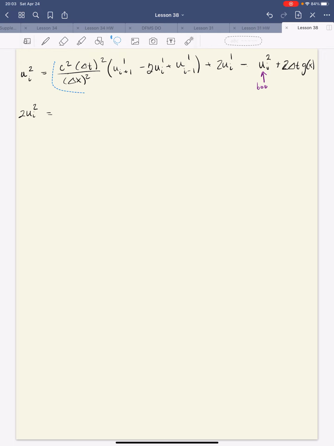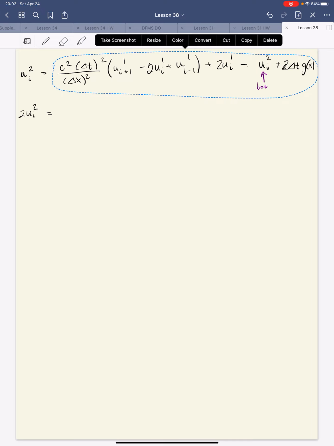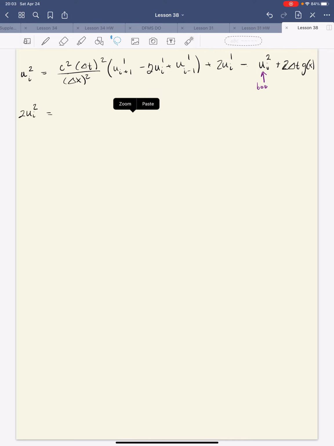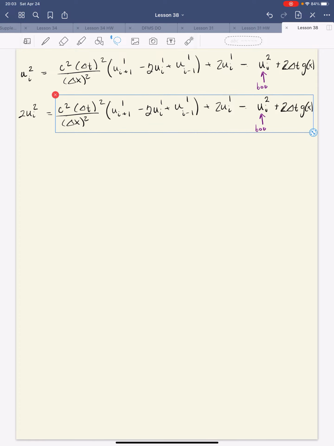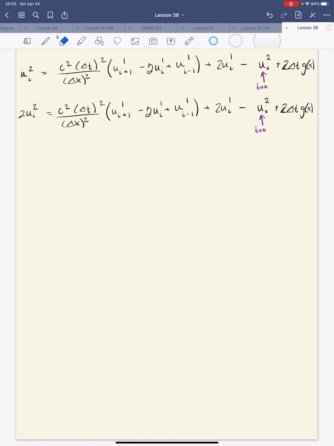And then everything else on the other side is the same, so I'm going to exercise a little bit of efficiency here and copy this down, erase that, and bring this over. All right. I'm just going to pause for 1 second just to make sure I didn't make a silly algebra mistake here. Okay, I think we're good.